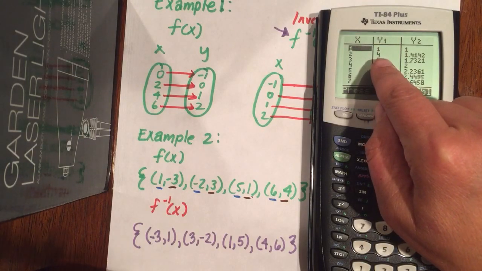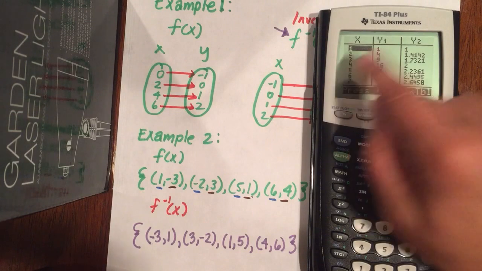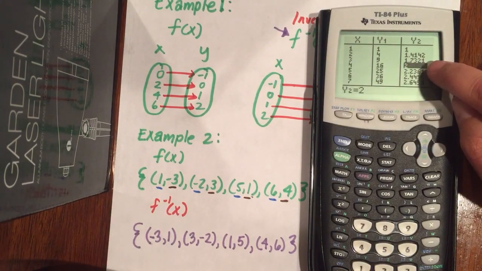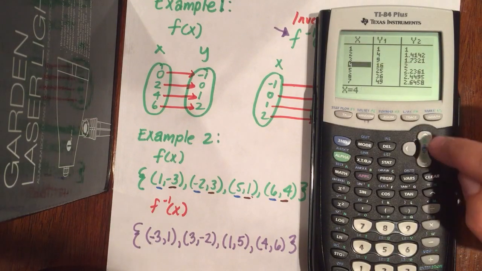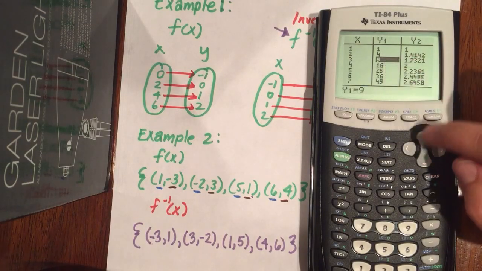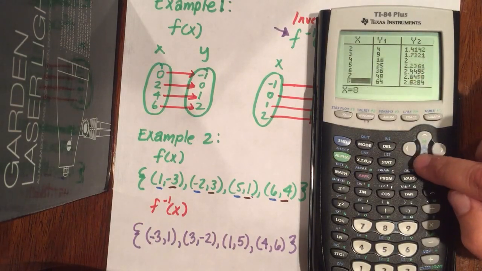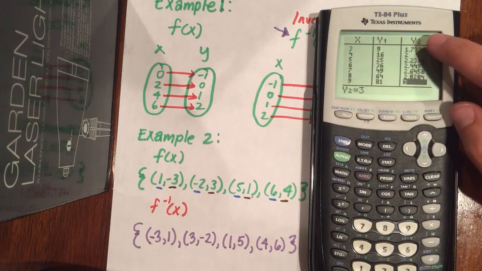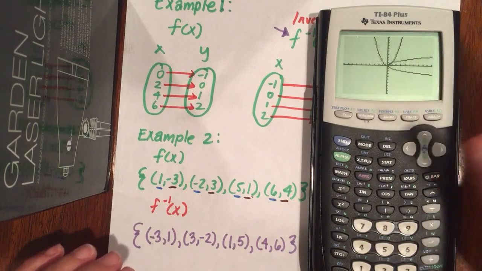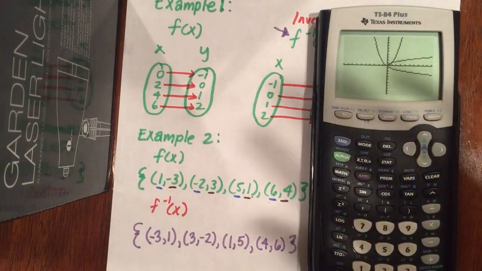That means for the inverse, when x is 4, y should be what? 2. Okay? So let's try another one. When x is 3 in the original function, y is 9. That means for the inverse, when my x-coordinate is 9, my y-coordinate is 3. They flip-flop. So that gives you an example there of how inverse functions work on the graphing calculator and how you can see what the inverses look like on the page.